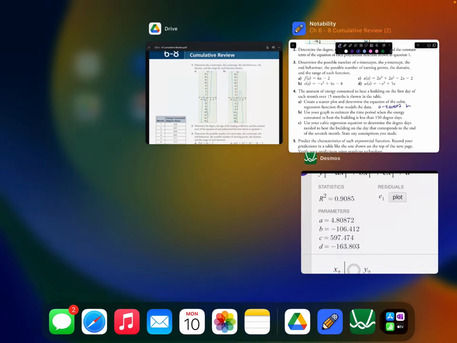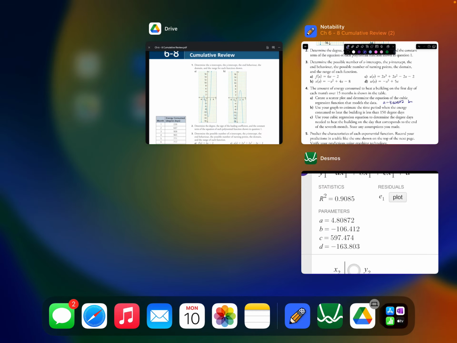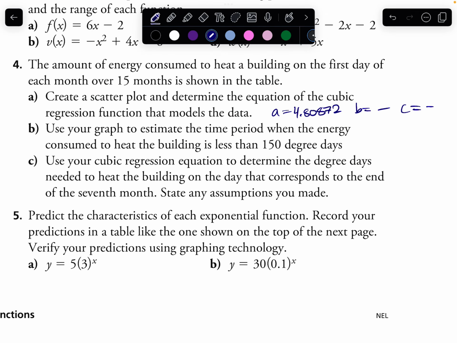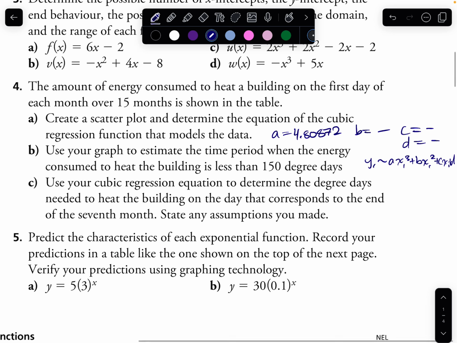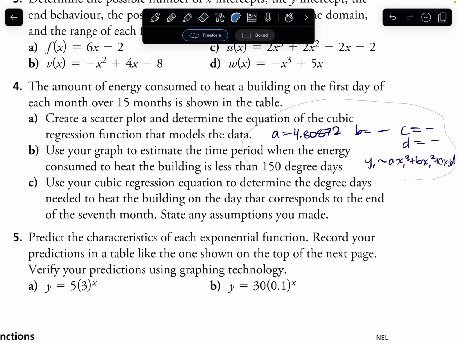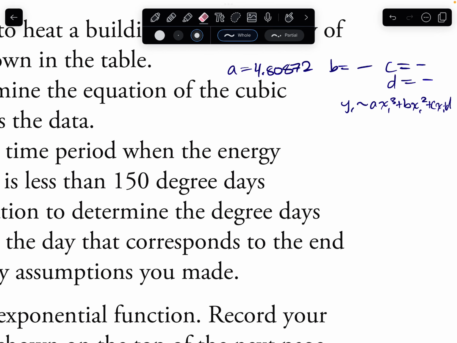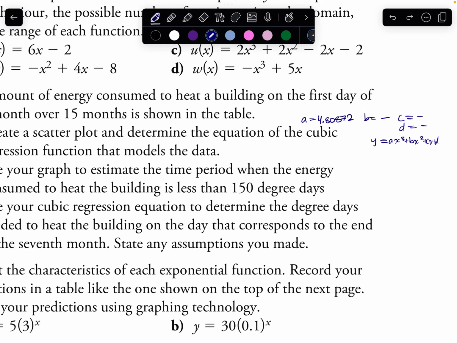B equals, you know how to fill that in now, so you put in what A equals, B equals, C equals, and D equals, and then you just write y1 equals ax1 cubed plus bx1 squared plus cx1 plus d, and then that's your answer. Sweet. And actually this might even be an equals, and then you don't need these ones down here because it's asking for the actual equation of the cubic regression function.